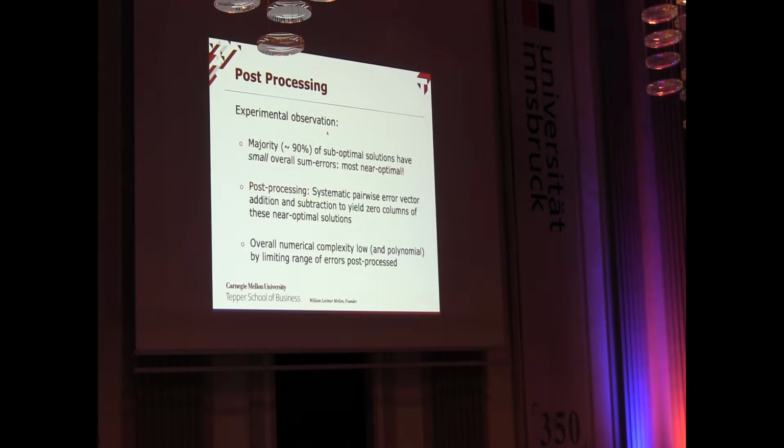So we decided to do another layer of post-processing on the results. This layer of post-processing is very systematic and structured, so its complexity is low. But at the end of the post-processing, we have a higher percentage of the solutions of our kernel.